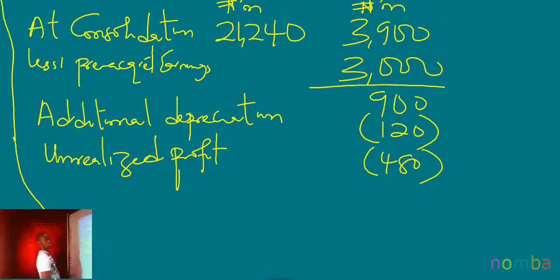So now, let's get the net figure. Bring out your calculator, which will be 900 minus 120 minus 480. That will give 300 million. So we're going to have a net amount of 300 million.